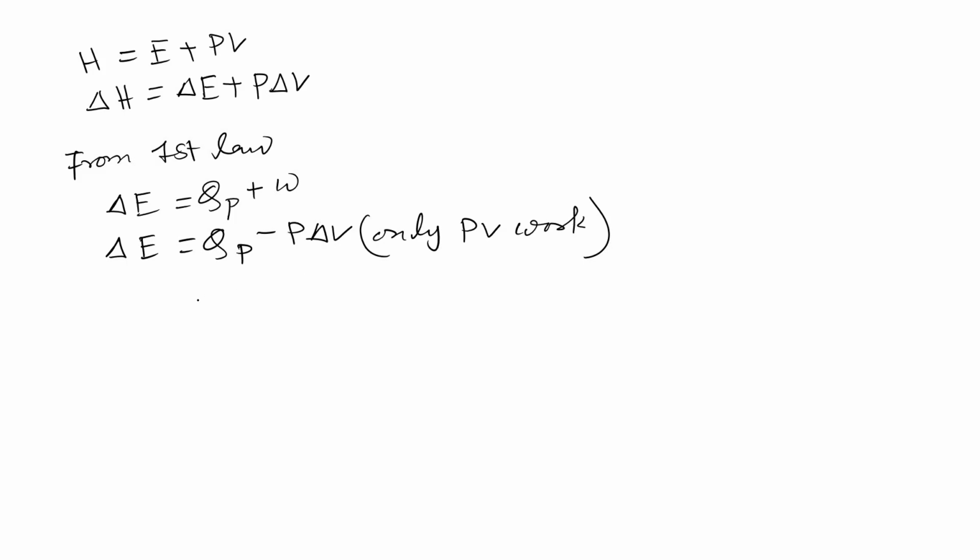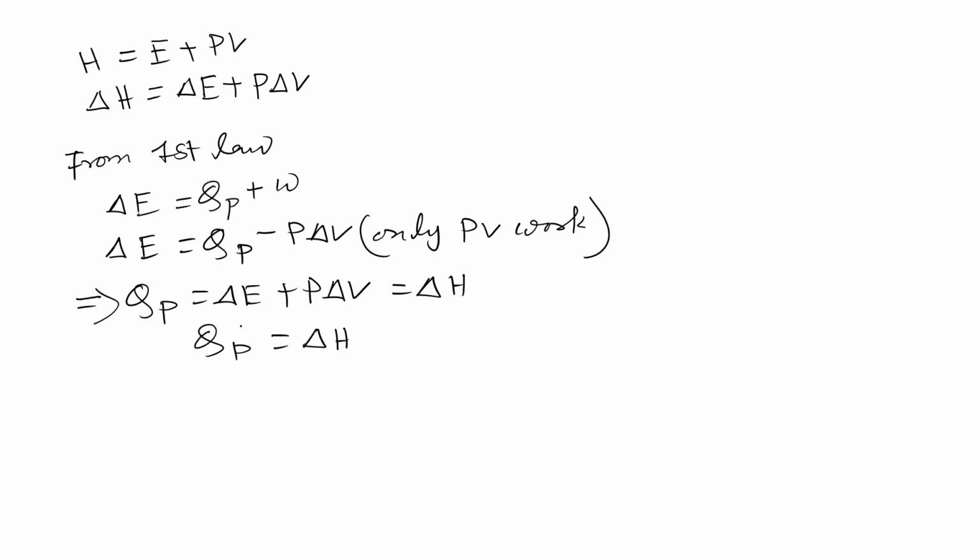So QP is equal to delta E plus P delta V, and we have just seen delta E plus P delta V is equal to delta H. So QP is equal to delta H. That means heat exchange at constant pressure is equal to the change in enthalpy.